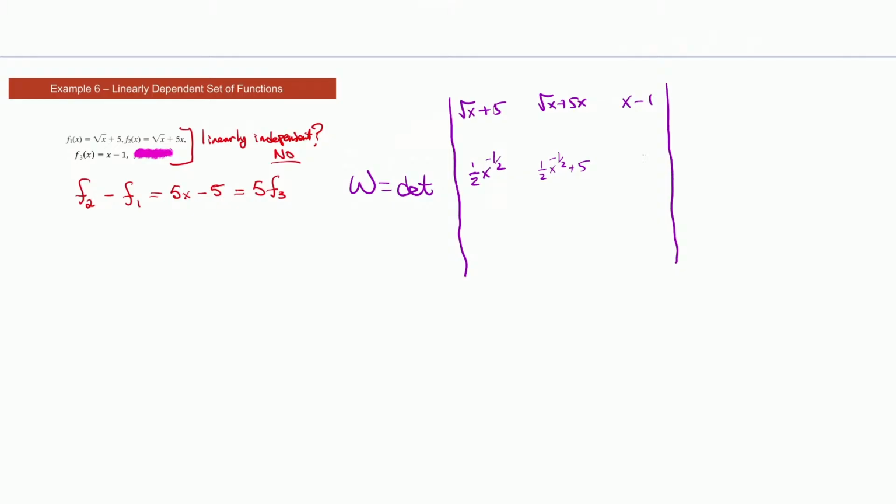And this will be 1. Another set of derivatives. I know, joyous tidings. So this will be negative 1/4 x to the negative 3/2, and this will be the same. And that's 0. So far, so good. So I've got this matrix made up of functions and their derivatives.